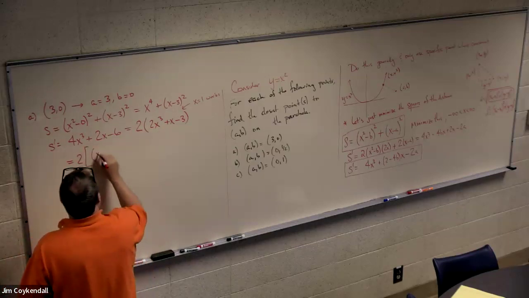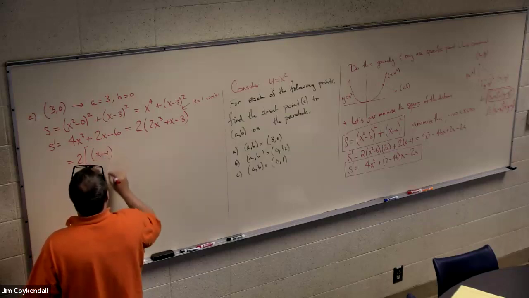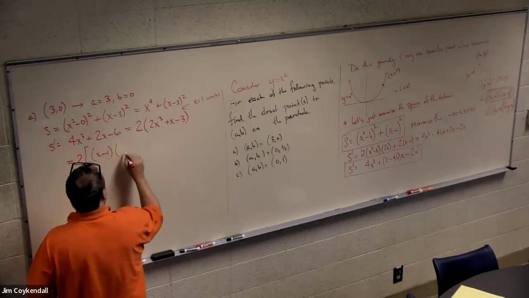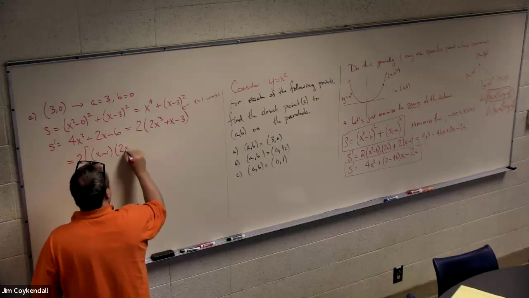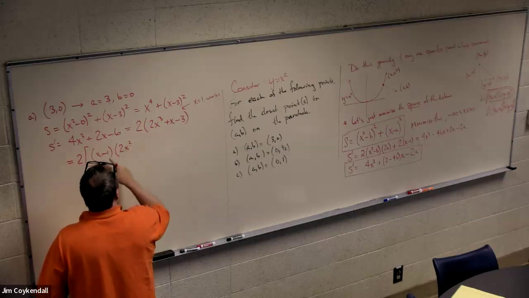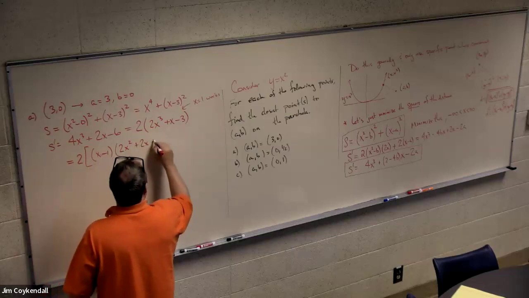And that's enough of a clue. This factors; it has to have a factor of x minus 1. Why is that? Because when I plug in 1, I get 0, so this has to have a factor of x minus 1. Now I can just divide out and figure out what's left over. If this is 2x cubed, this better be 2x squared minus 2x squared, so that's plus 2x, and that better be 3.